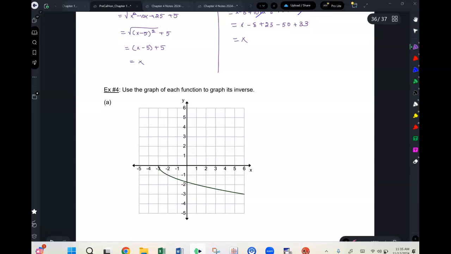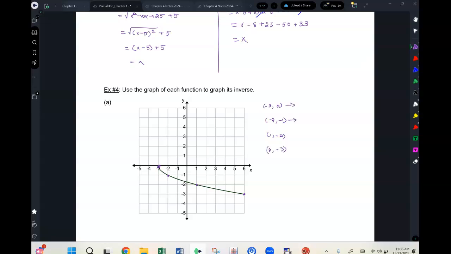So, this one is a good point, -3, 0. Then pick integer points like -2, -1. What else is a good point? This one, 1, -2. And then maybe this one, 6, -3.